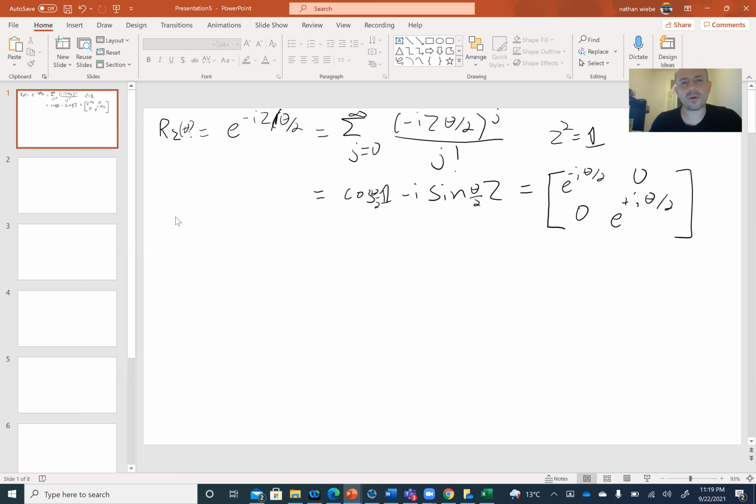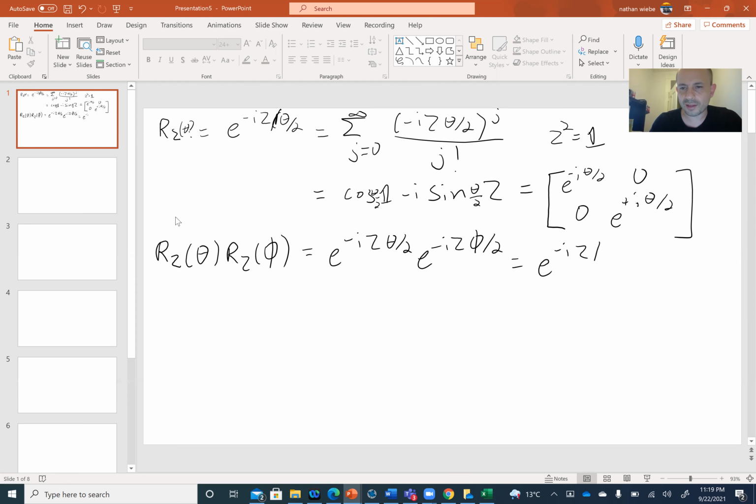Now, one of the things that's really neat about single qubit rotations is that they compose really elegantly together. So RZ of theta times RZ of phi is just equal to e to the negative i Z theta over 2 times e to the negative i Z phi over 2, which is equal to e to the negative i Z (theta plus phi) over 2. And why is it that these rotations end up adding?